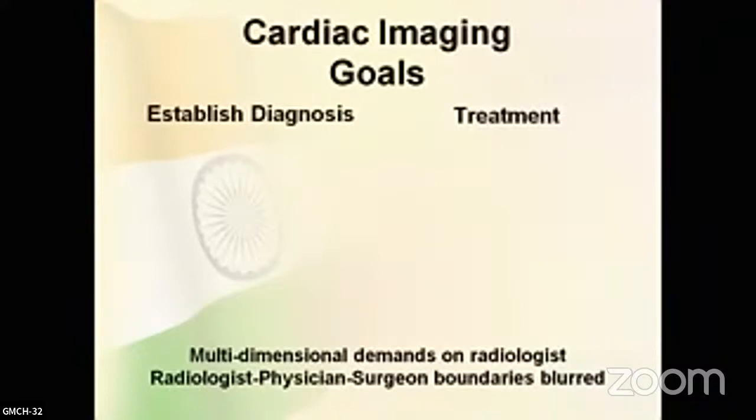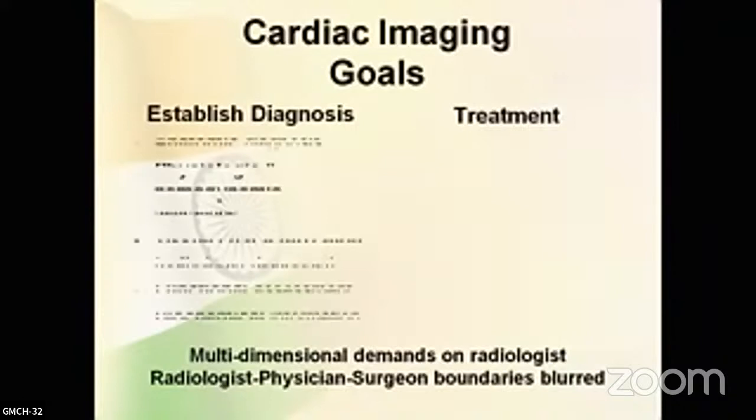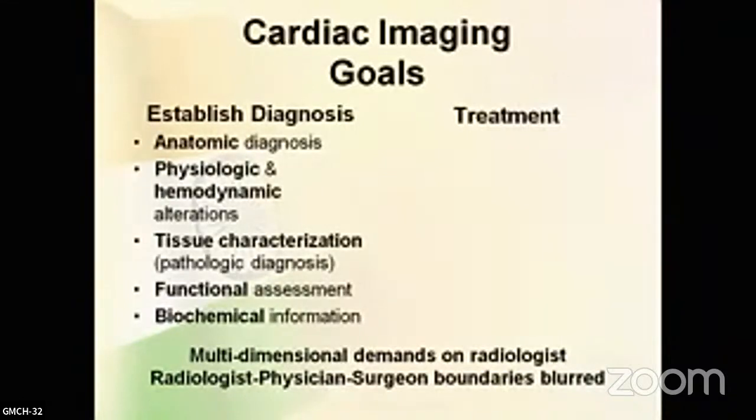To understand why cardiac radiology is not evolving, we need to understand why we image the heart. What are the objectives? Like for all other body parts, establishing the diagnosis is an important reason why radiology is necessary. But the majority of that is anatomical, morphologic diagnosis. Fortunately or unfortunately, in the heart, the diagnosis also includes interpretation of physiology and hemodynamics.